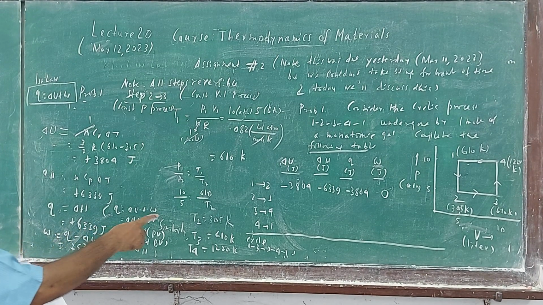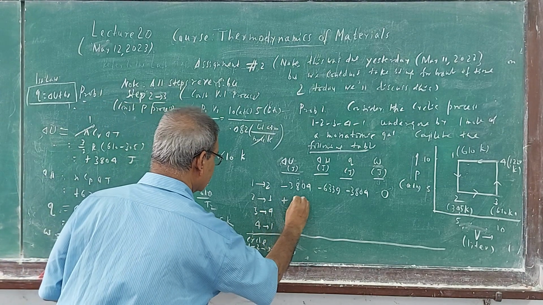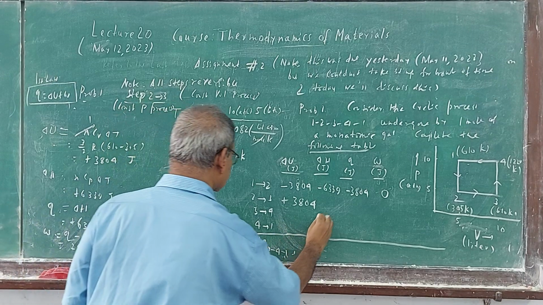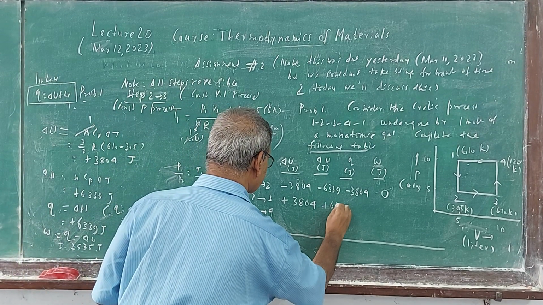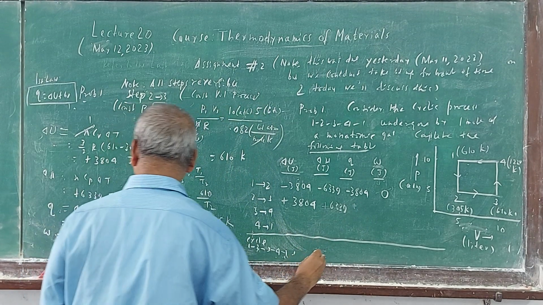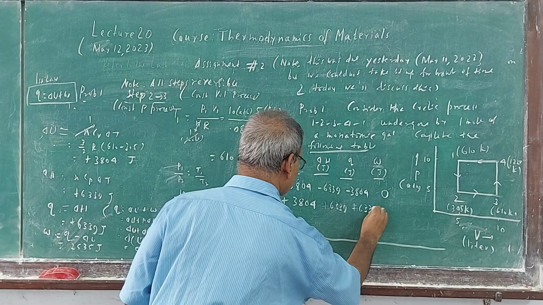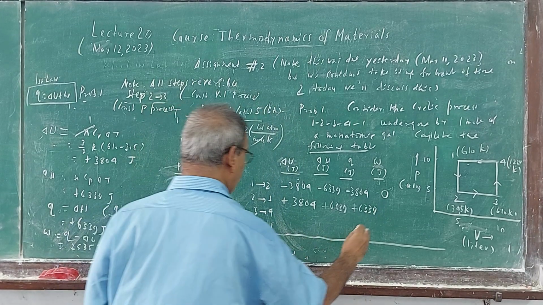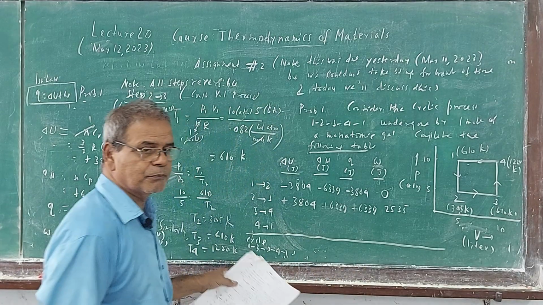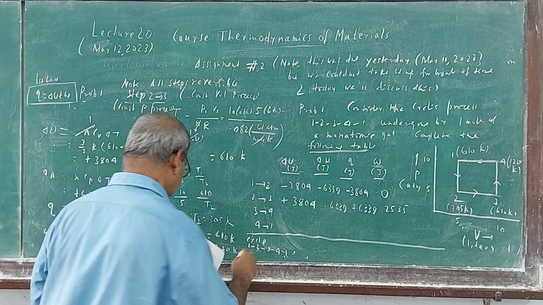Okay, can I write this? Let us insert these values. Q is how much? Plus 6339, and W is 2535. Now I will not proceed further. 3 to 4, you do yourself and give me the result, you check.